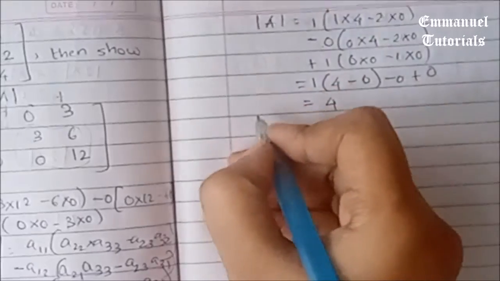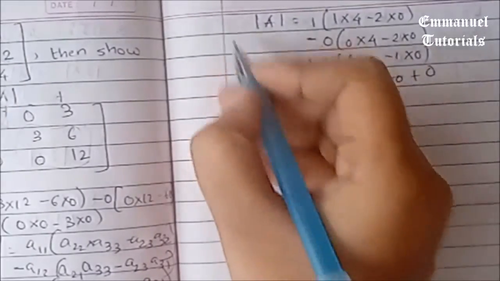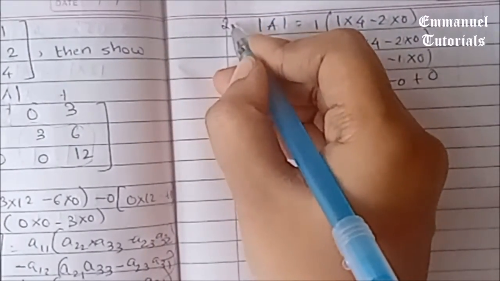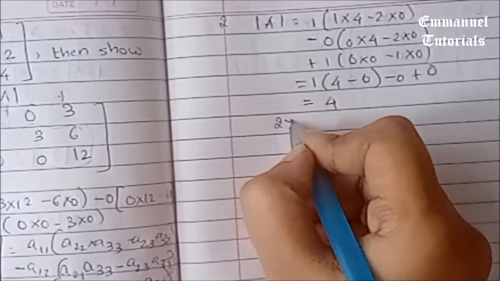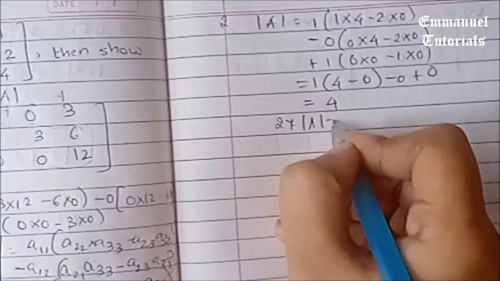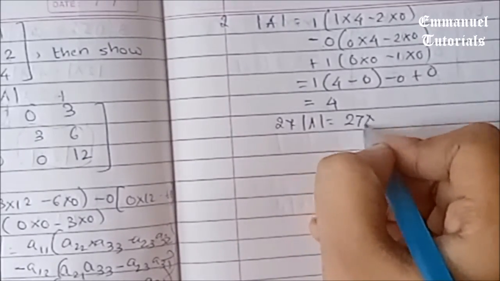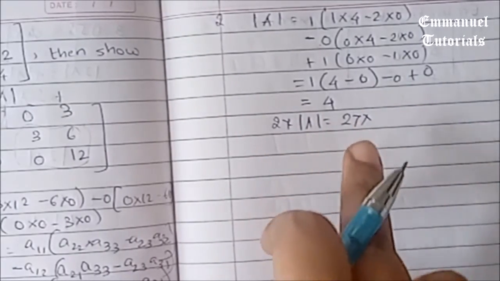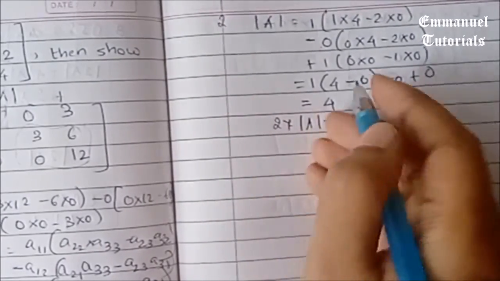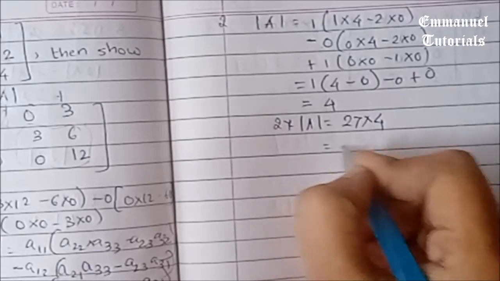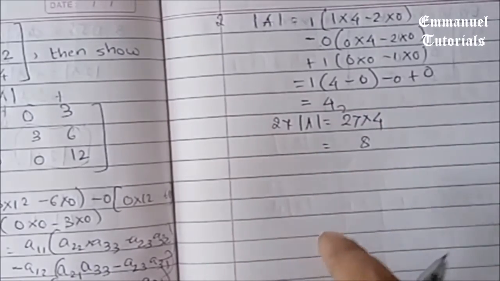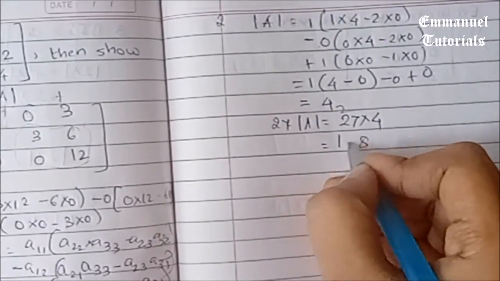Now what we have to do is multiply this by 27. So 27 determinant of A is going to be 27 into 4. 4 sevens are 28. 4 twos are 8 plus 2 is 10.